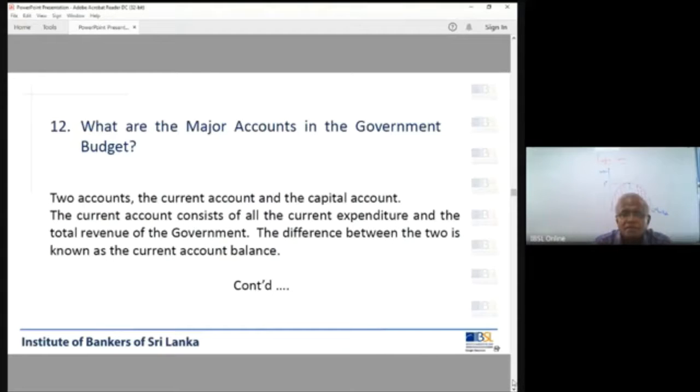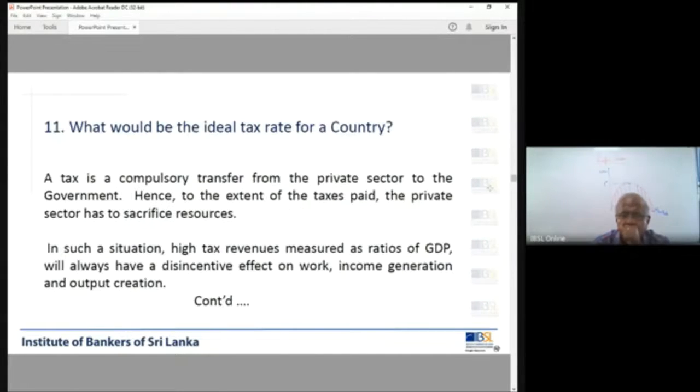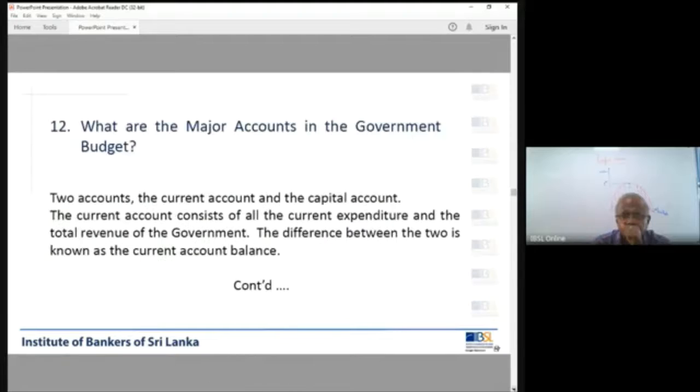What are the major accounts in the government budget? Two accounts, the current and capital account.